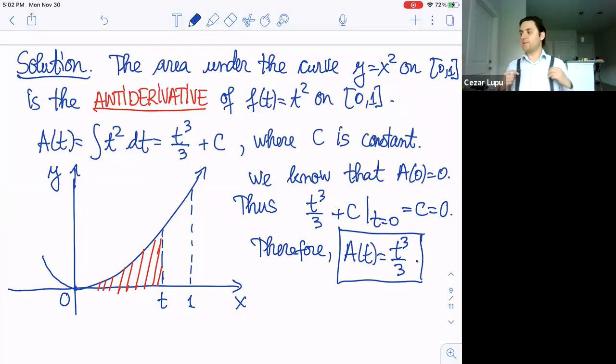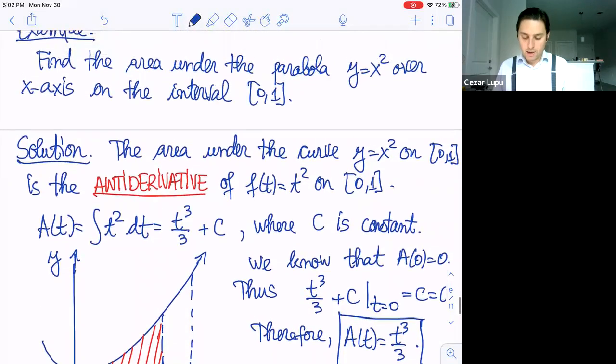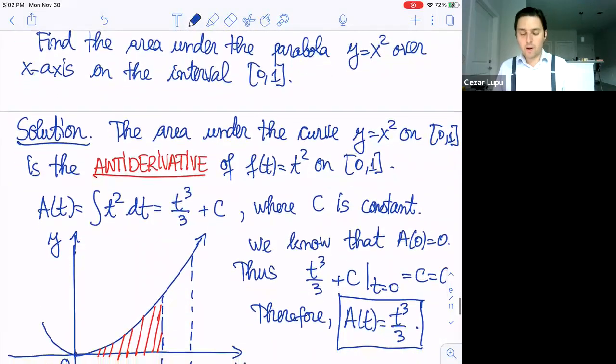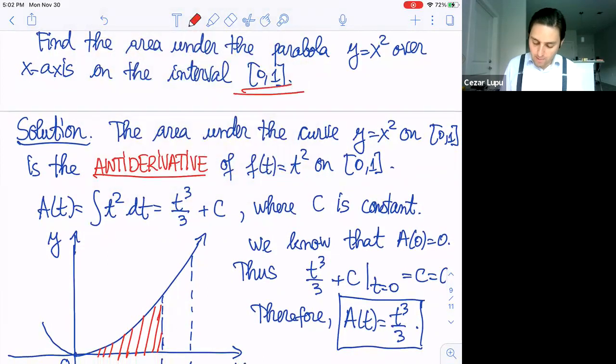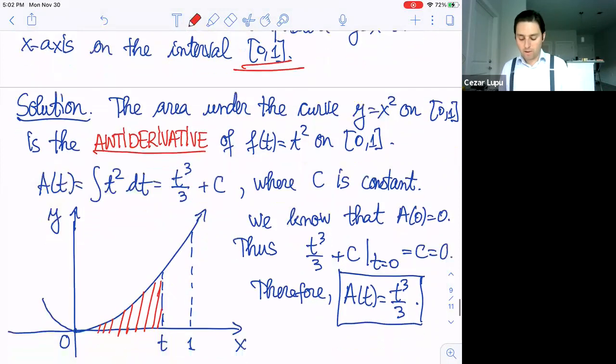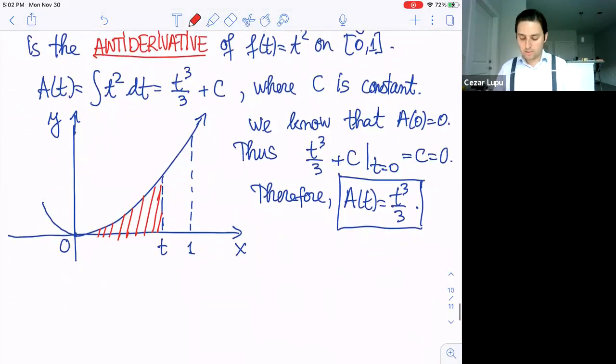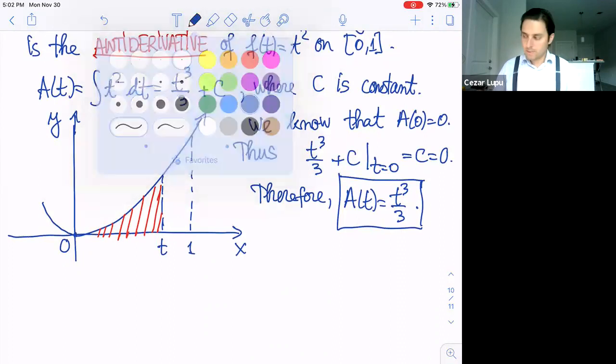So now we're interested, what is the area? We're asked to find the area under the parabola y equals x squared over the x-axis on the interval 0, 1. This is very important. We're not done yet because I'm interested in the interval 0, 1. So now what I need to do is the following.